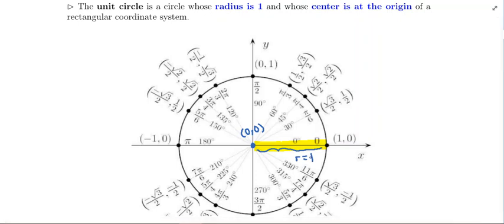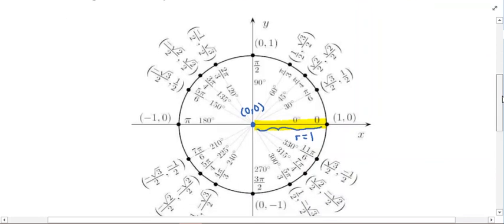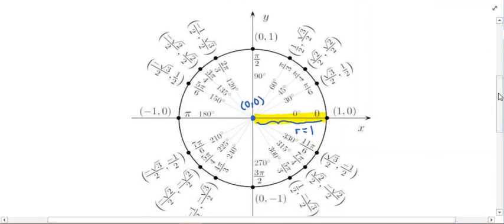It's very busy. There's a lot going on here. What you should notice at first glance is that there are a lot of angles, given in both degrees and radian measure. Also, you have a bunch of points called out on the unit circle. For example, consider this point that I circled in red.